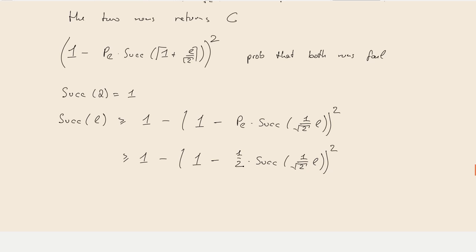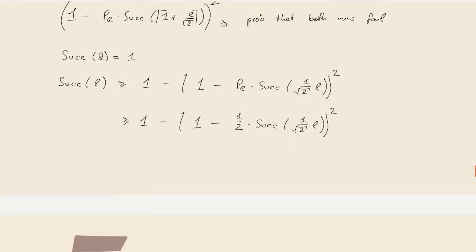Well, this is not such a nice recurrence as the one we've seen before, but you can kind of still solve it. You can show that every solution of this recurrence is 1 over log n.